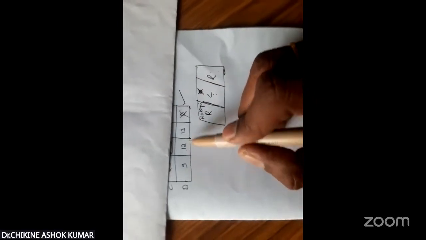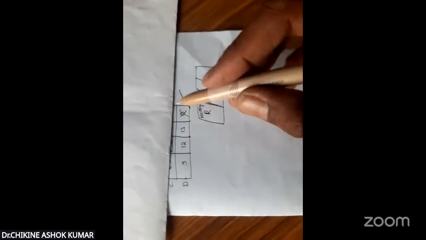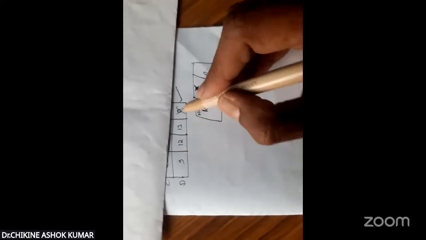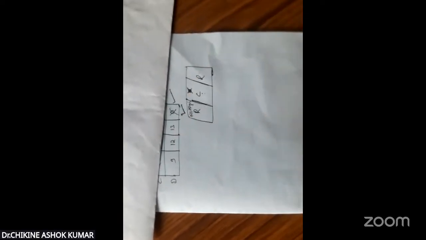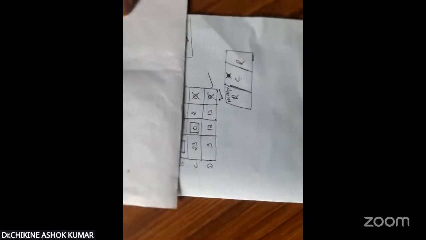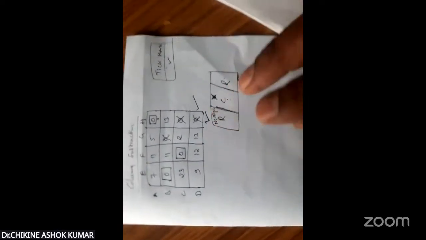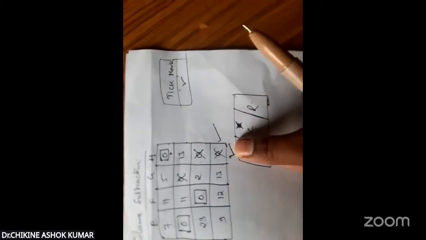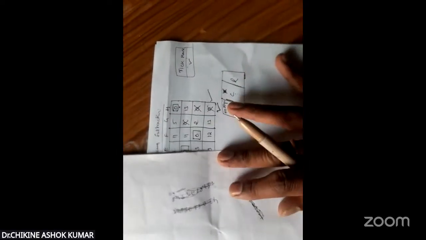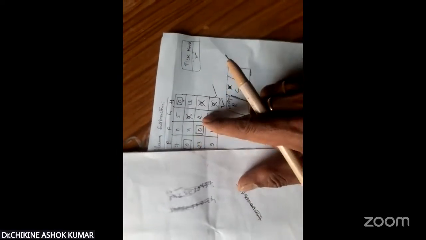So among this, zero is cancelled in which column? First, second, third, fourth column. So I am going to take this column as a tick mark. Okay. So next, among these four columns, I have taken the tick mark in the fourth column only. Forget about the remaining first, second, and third columns.